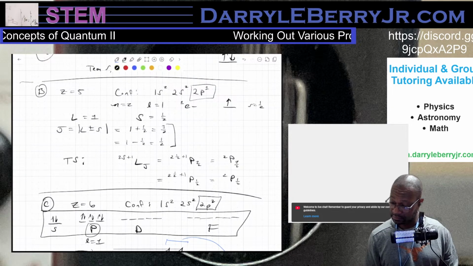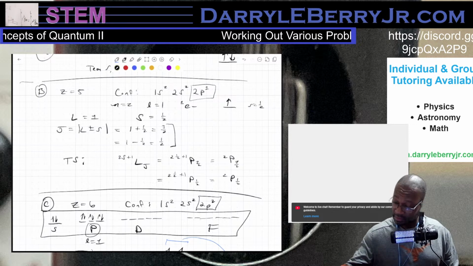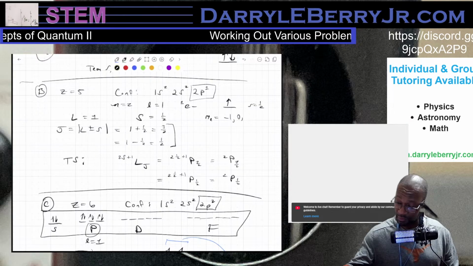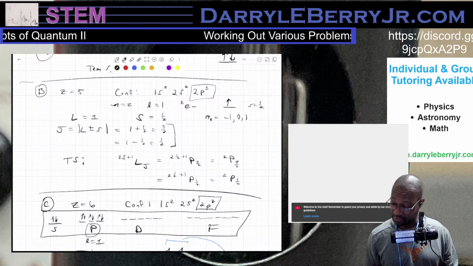Here, little L equals 1. So ML equals -1, 0, or 1. And we have just one of these. So this is where it seems we can have some differentiation.